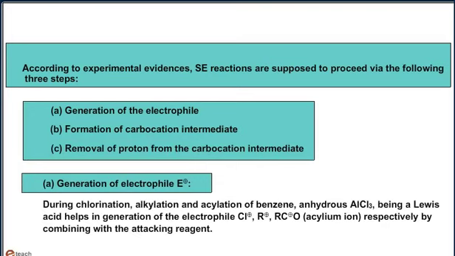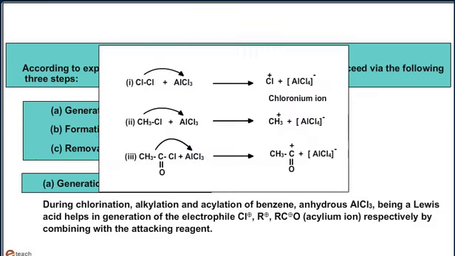During chlorination, alkylation and acylation of benzene, anhydrous AlCl3 being a Lewis acid helps in generation of the electrophile, that is Cl+, R+, RC+=O, that is acylium ion, respectively by combining with the attacking reagent.